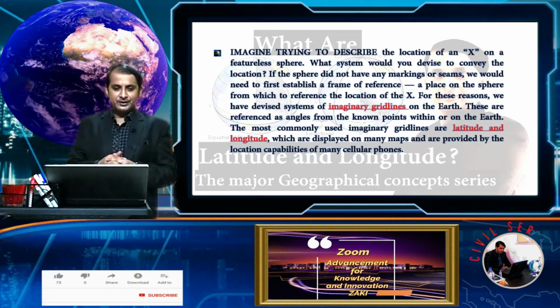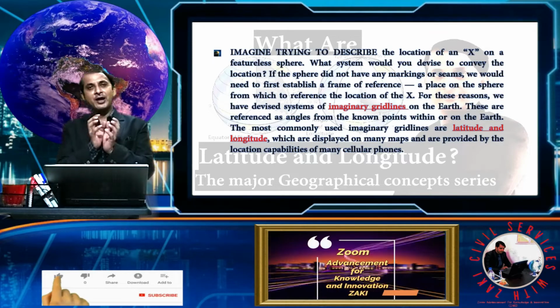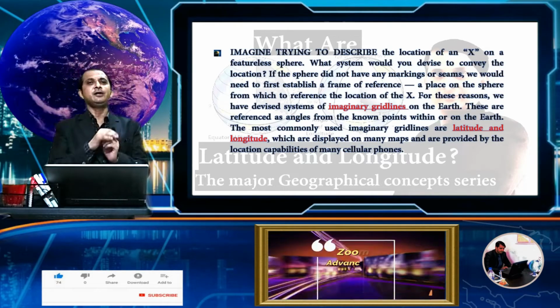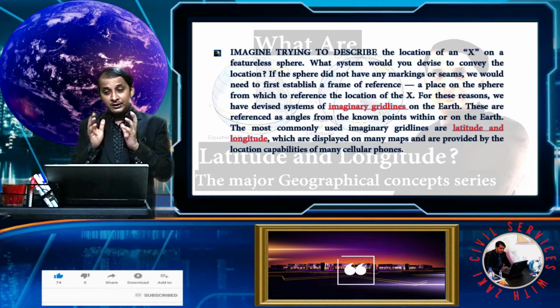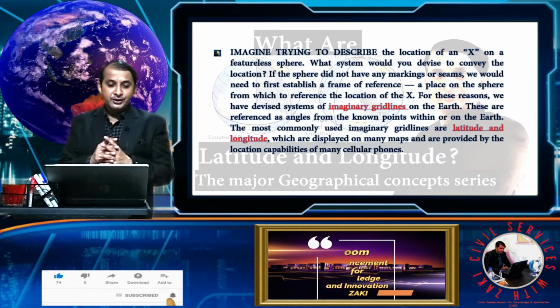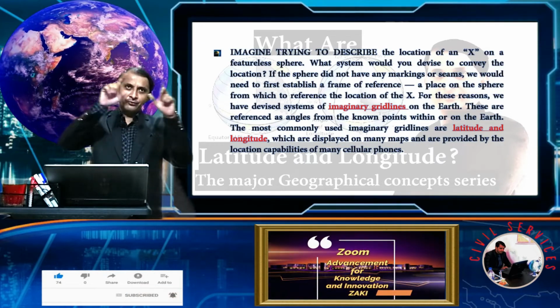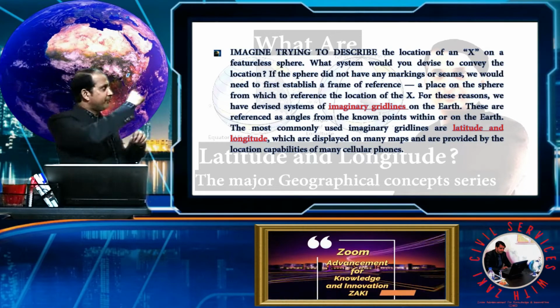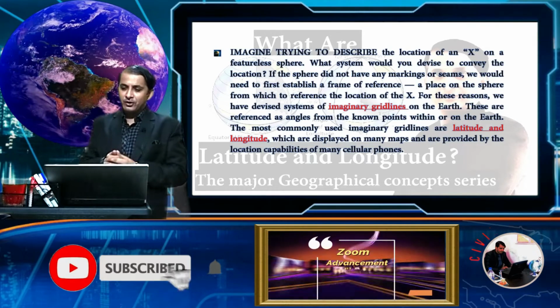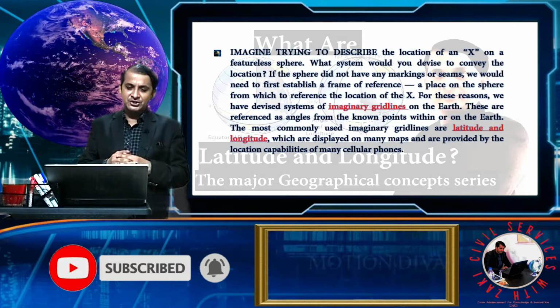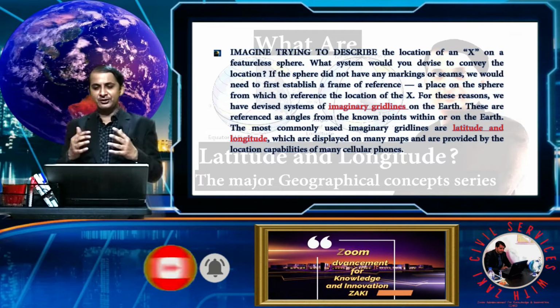If the sphere did not have any marks or seams, we would need to first establish a frame, a reference frame, like a grid, as the reference for the location of X.